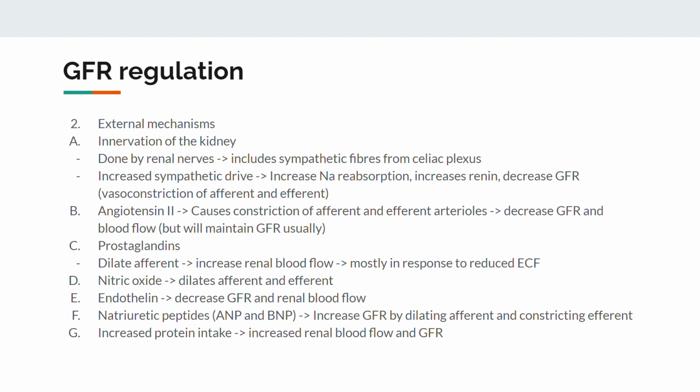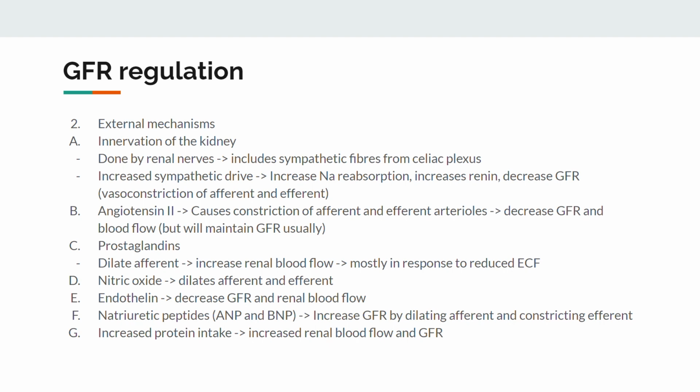So if you have an increased sympathetic drive, whether that's low blood pressure detected by the baroreceptors, a fight or flight response, anything like that, you're going to have an increase in sodium reabsorption, increase in renin secretion, and decrease in GFR, because you'll get vasoconstriction of afferent and efferent, which is just something interesting. So you're going to get increased RAS, but decreased GFR.